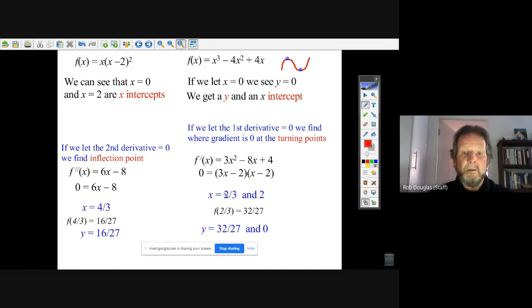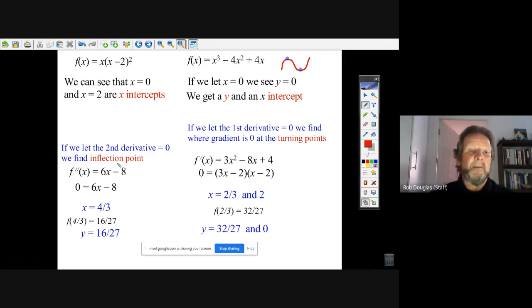Now, all you do is take this 2 over 3 and put it back into the original function, and let your calculator do the work, and you'll see the answer is 32 over 27, a little bit more than 1, around 1.2. That's the y-coordinate, 32 over 27. And we already know that when we put in 2, we get 0 out. That's the other turning point.